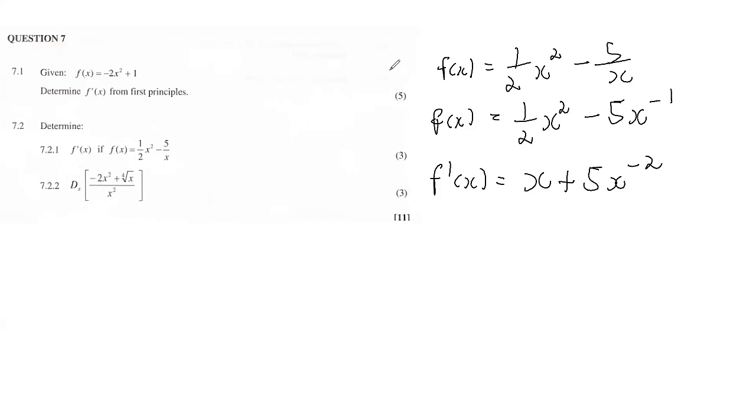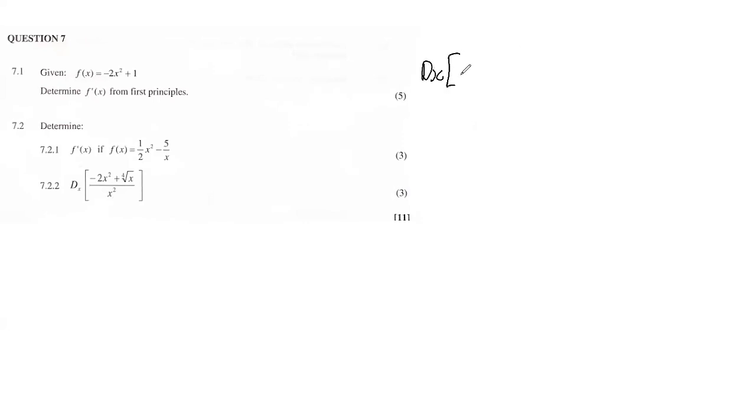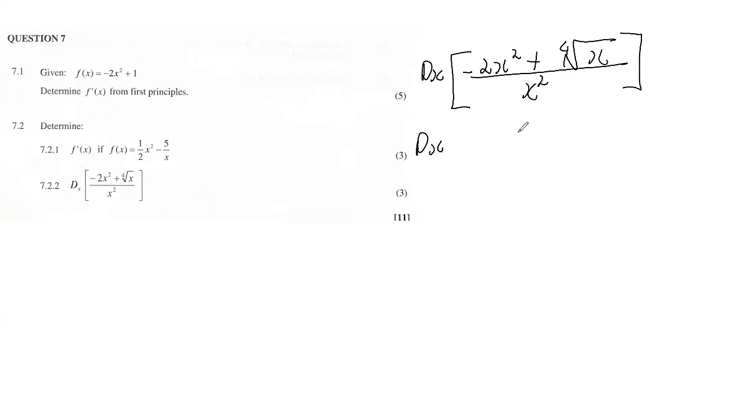Then there was 7.2.1. Let's go to 7.2.2. We have d over dx of negative 2x squared plus root 4 of x, all over x squared. Now here we have to obey our 2 commandments: number 1, we should not derive with our variable in surd form, and number 2, we should not derive whilst the variable is in the denominator. So number 1, it's preparing this for derivation.